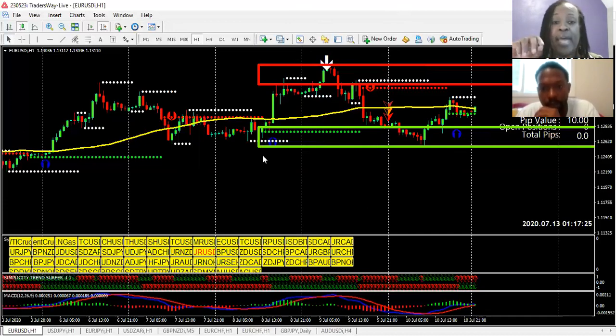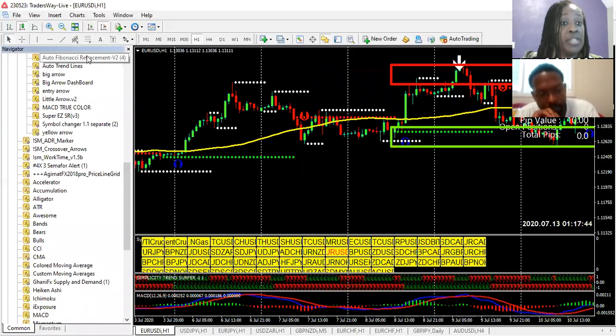With that being said, the support and resistance dots on the simplicity trading system are in alignment with the key levels on the fib. That's the 38, the 50, and the 61. So if we put a fib on, it's going to be very close to one of those levels.